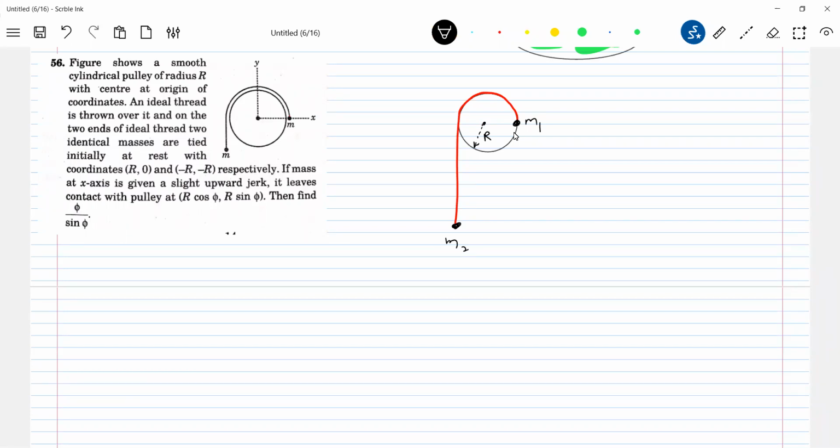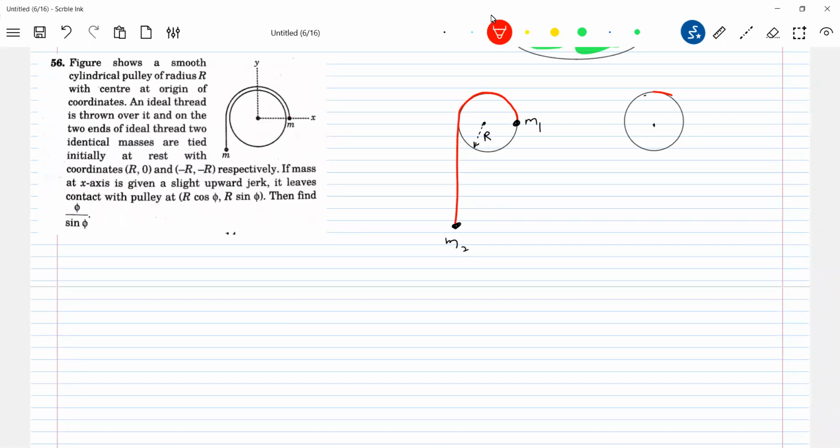If the masses, it leaves contact with the pulley at R cos phi, R sin phi. Then find the ratio of phi by sin phi, or theta if you want. You can take theta that way. Now the same cylinder. So where the string, so it will be somewhere here.